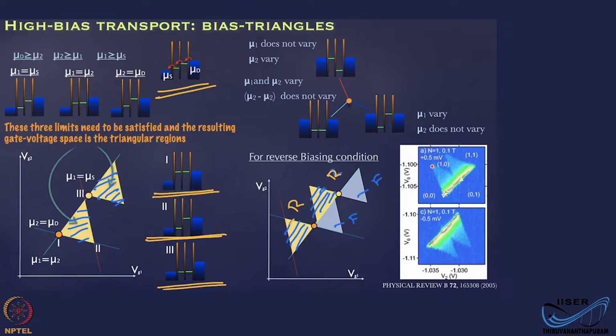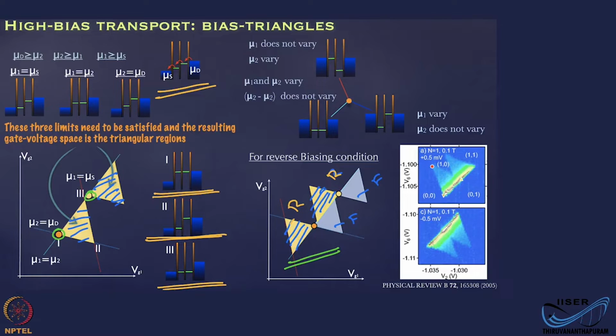All right. So this is the physics of the bias triangle. The summary: when you apply bias, you get triangular regions of no current. These points which had no current initially, when you had zero bias, expand into a triangular region. Okay, and this diagram represents the relative orientation of this triangle.